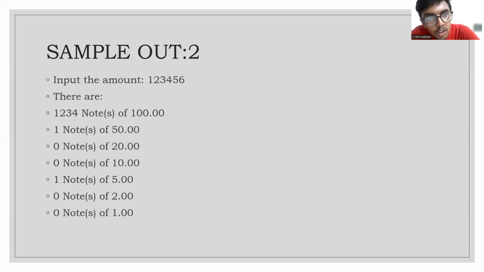And the next, sample output 2. Input the amount 1, 2, 3, 4, 5, 6. There are 1, 2, 3, 4 notes of 100, 1 note of 50, 0 notes of 20, 0 notes of 10, 1 note of 5, 0 notes of 2, 0 notes of 1.